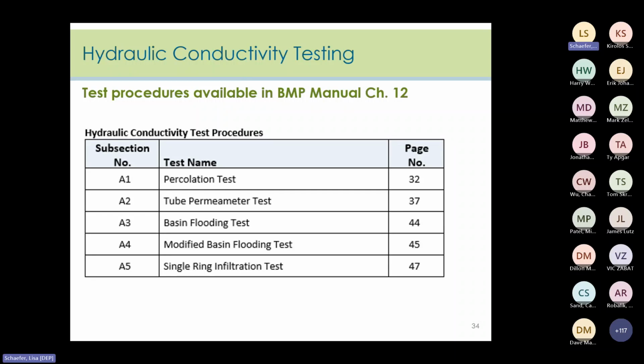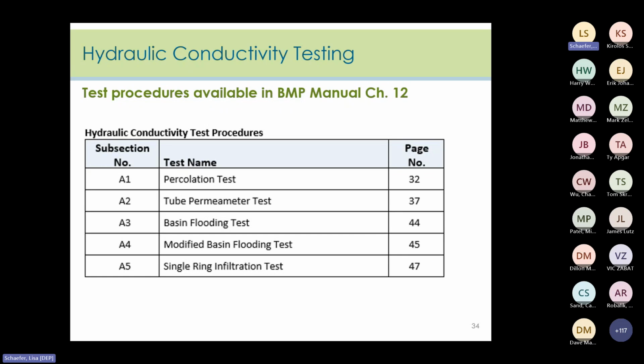Now, the cased borehole infiltration test was suspended pending further assessment. The ASTM standard for this test indicated it's not suitable for cohesionless soils. So upon closer review, the soils for which the test would be appropriate would have saturated hydraulic conductivity ratings below the minimum for an infiltration BMP.